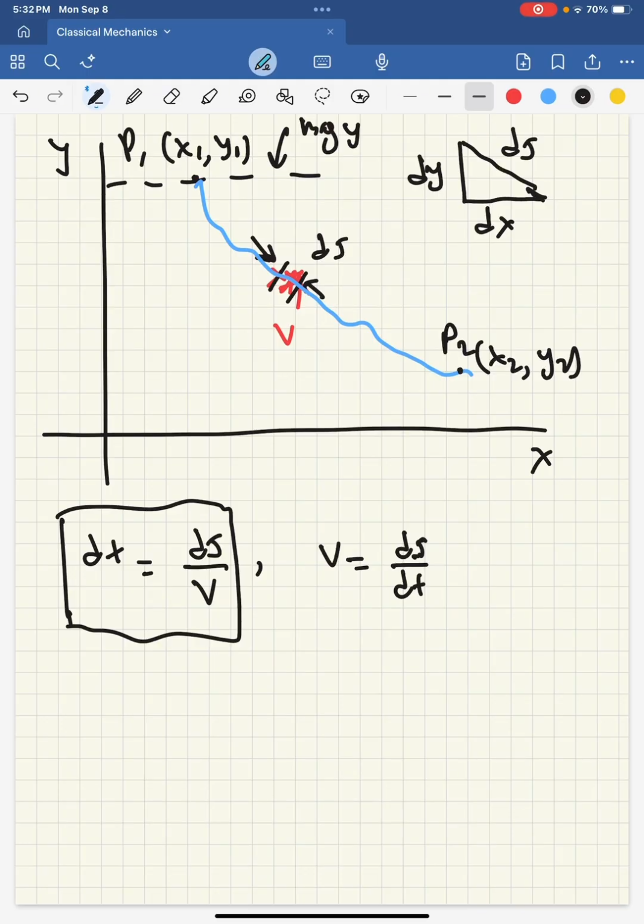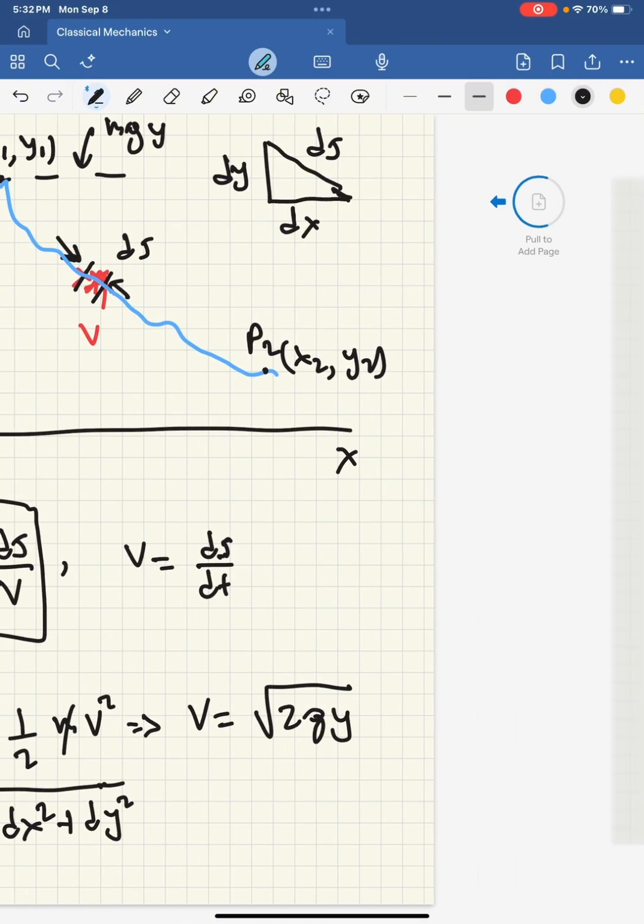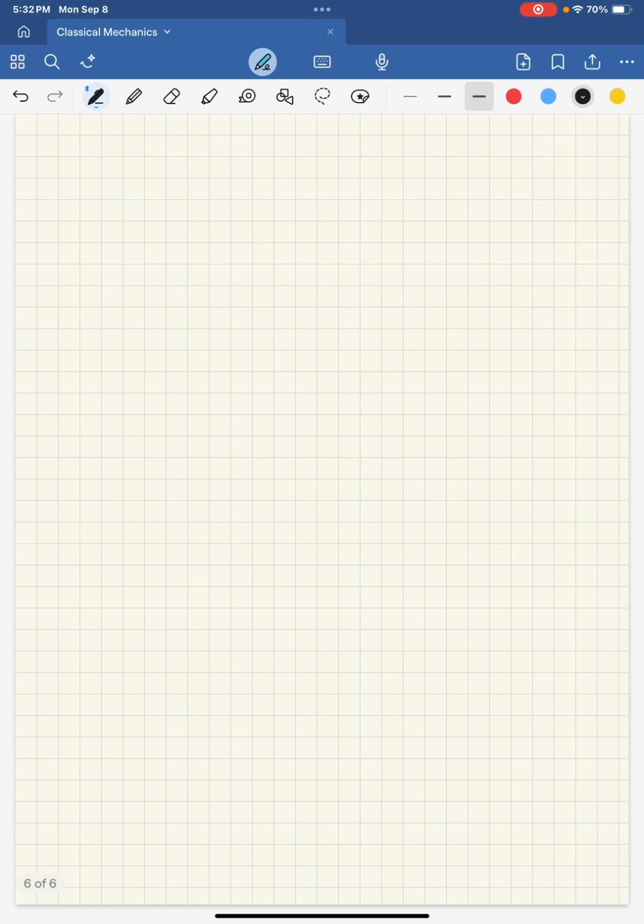So let's write the energy equation. mgy is 1/2 mv squared, so v is simply the square root of 2gy, and ds is the square root of dx squared plus dy squared. Okay, we're making some progress. We still haven't written down an integral, so let's do that. We need to optimize the time dt.